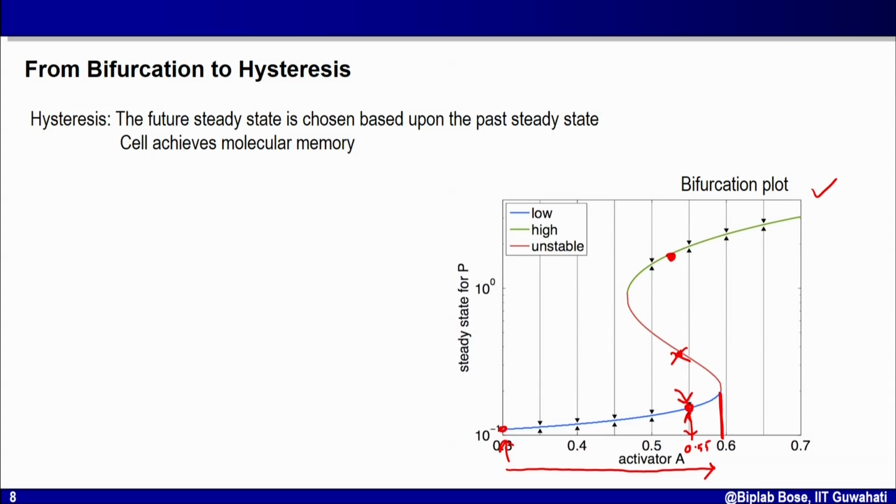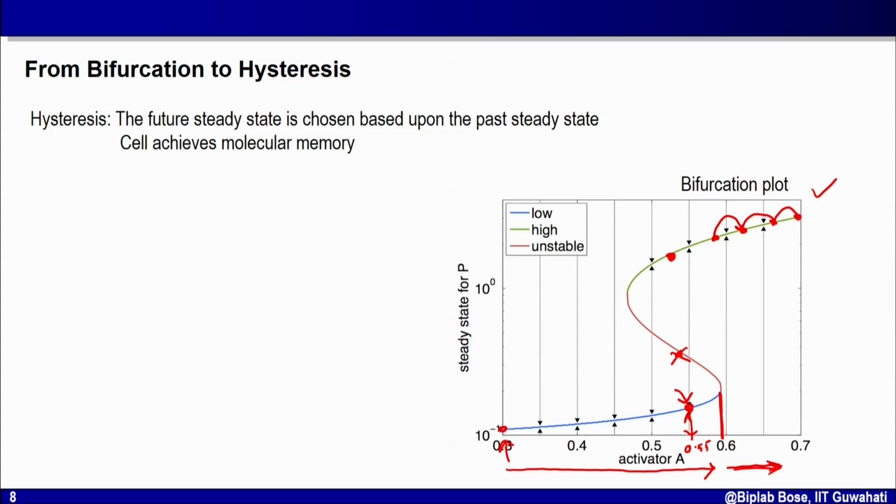The system is already in the lower steady state, so it will stay there. If I increase the value of A further, there is no other option: the system will jump to the upper steady state on the green line. If I keep increasing the value of A towards 0.7, the system will move along this green line and may reach this highest value.